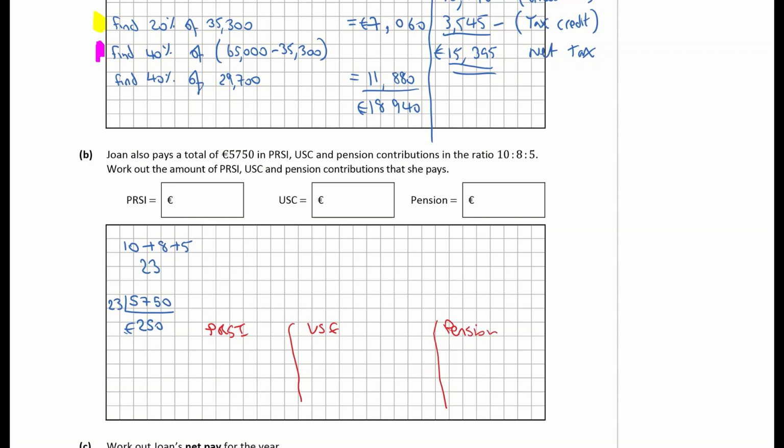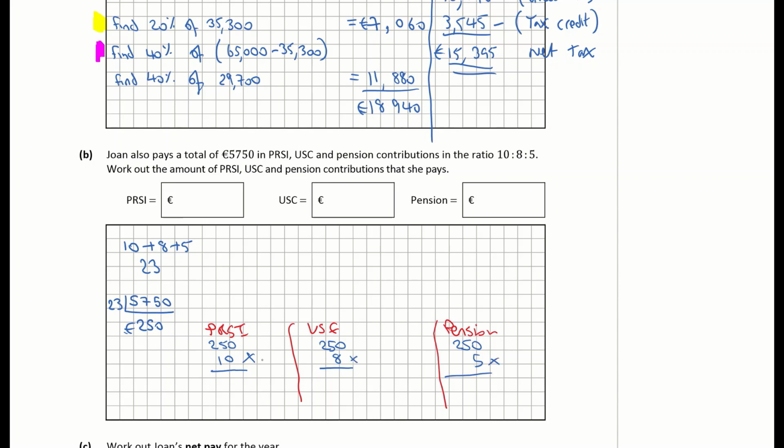And for each one of them, I'm going to be multiplying the 250 euro. And for the PRSI, I'm going to be multiplying it by 10 because that's what the question is telling me. The PRSI is the 10 portion of the ratio. I'll then be multiplying the USC by the 8. That's the middle value. And the pension is the final part, which is 5.